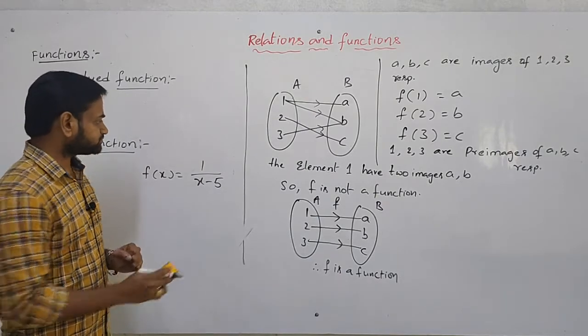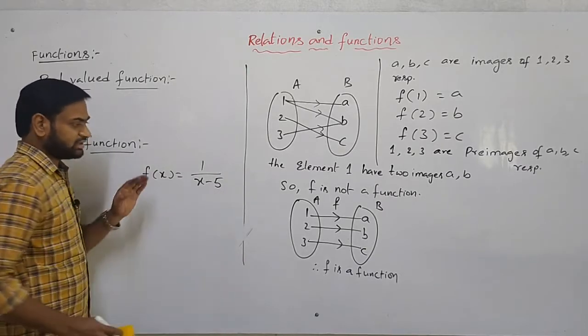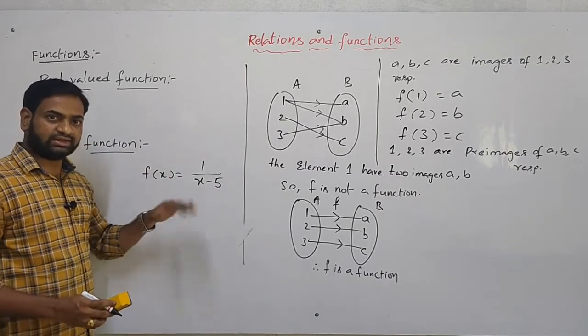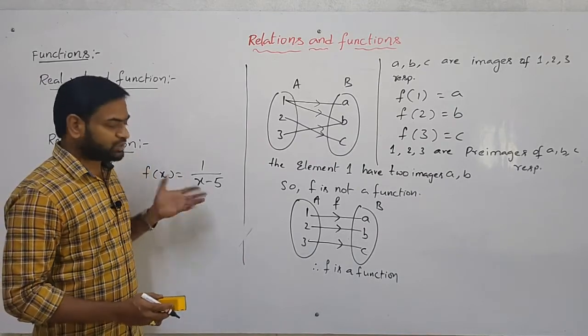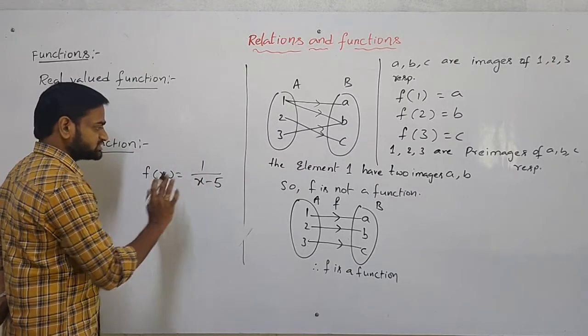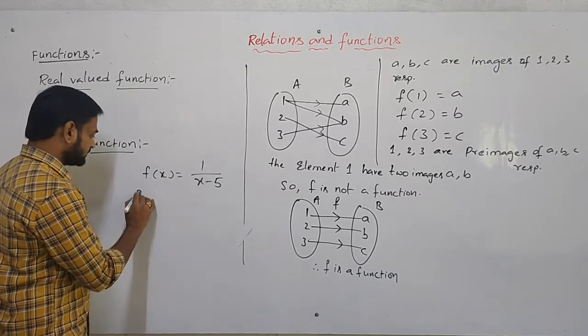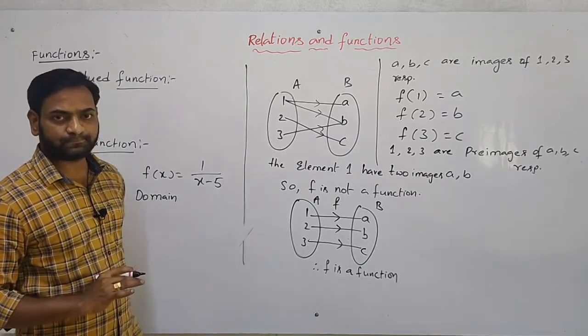See here. I am explaining very little here. Later I will explain more about domain and range. For example, f of x equal to 1 by x minus 4. So what is the domain of the function? Simple thing.